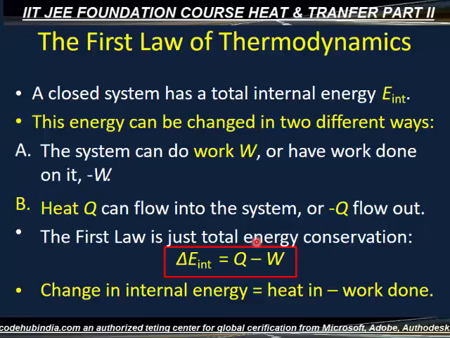This room is more heated as compared to outside. So this wall we can consider as a layer of obstruction to the heat transfer, because the wall is made of different materials. So this energy can be changed in two different ways.